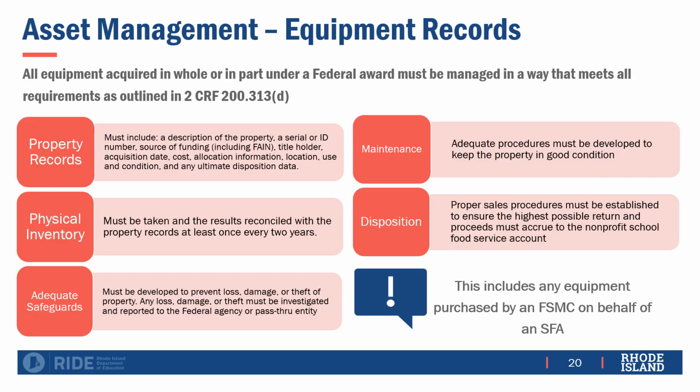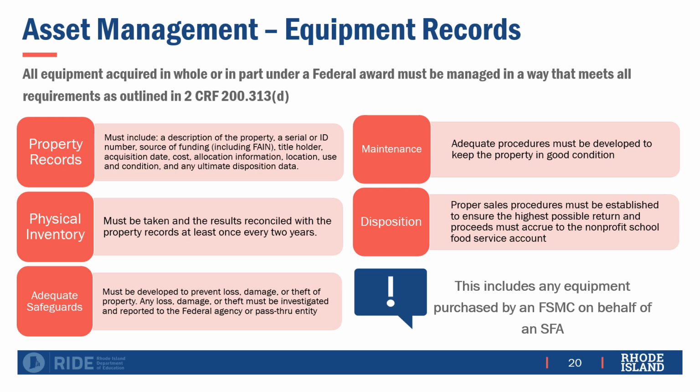In addition to the requirements that we've already discussed, all equipment acquired in whole or in part under a federal award must be managed in a way that meets all requirements as outlined in 2 CFR 200.313(d). This applies to all equipment purchased in whole or in part with funds from the nonprofit school food service account, including equipment that was purchased by a food service management company on behalf of an SFA as part of an approved food service management company agreement.